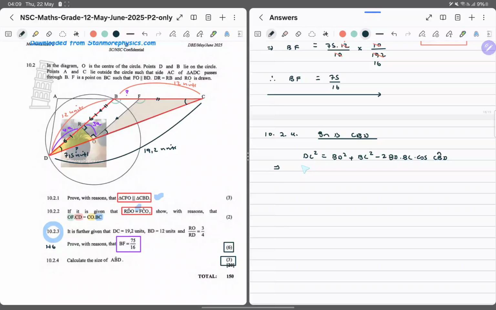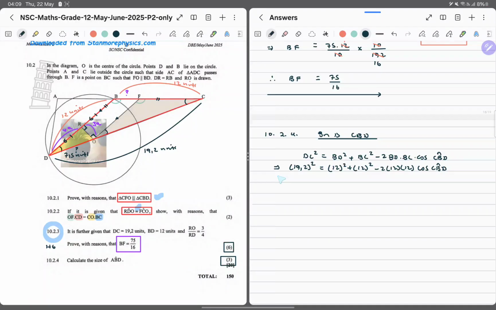So this implies DC is 19.2 squared, into BD is 12 squared plus 12 squared minus 2 into 12 into 12 cos of CBD.